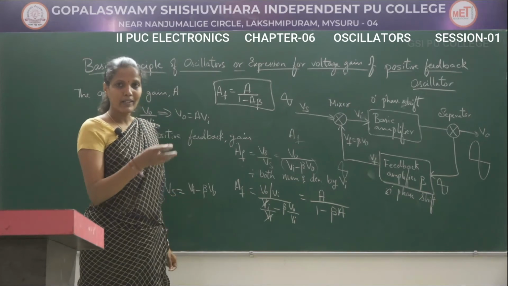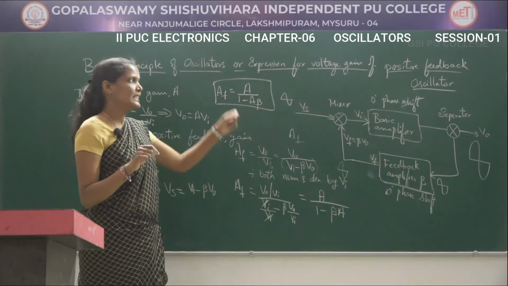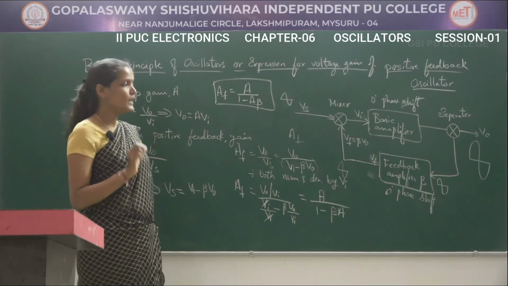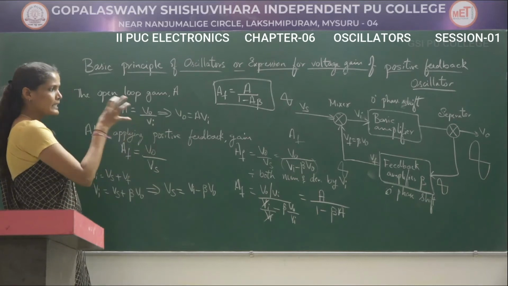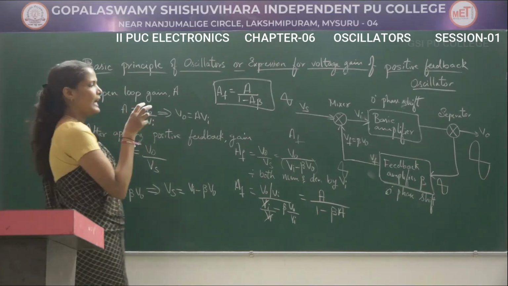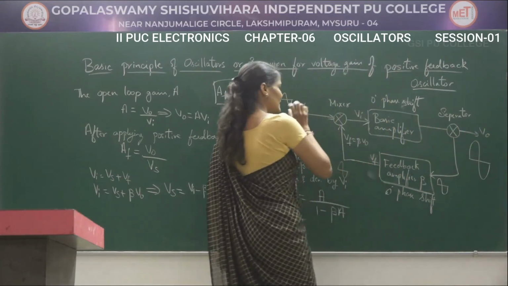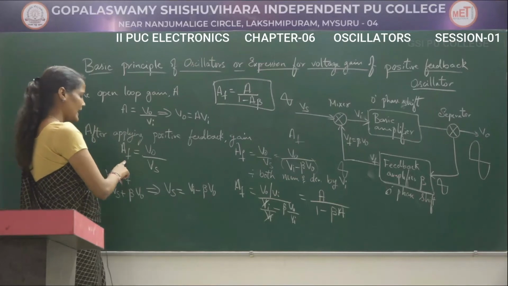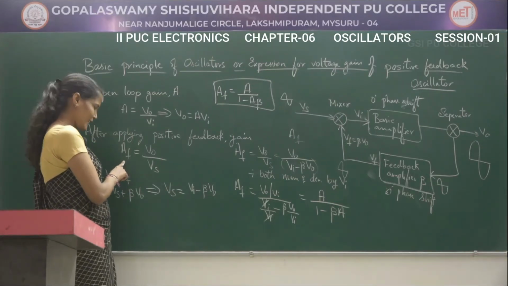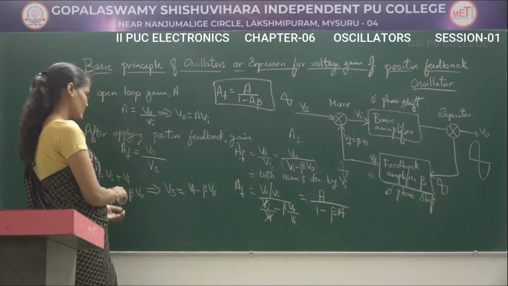If the feedback voltage and the input voltage are in phase with each other, then that feedback will be called as the positive feedback. After applying the positive feedback, the gain will be considered as AF, and in that case the output will be equal to V0, whereas the input is equal to Vs, and the gain of a positive feedback will be denoted by AF, which is given by V0 divided by Vs.